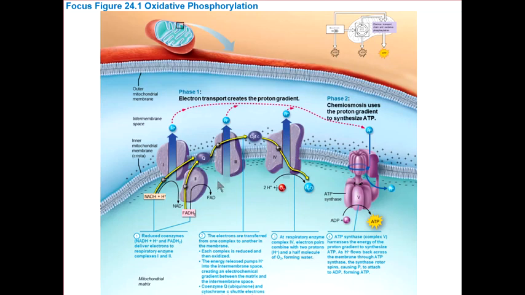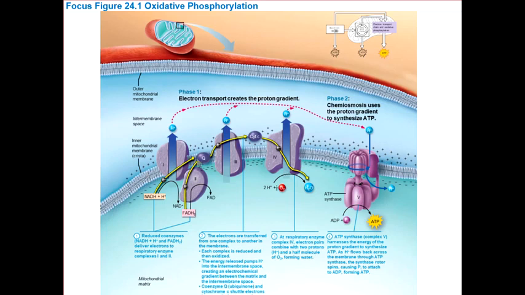The point here is the electrons are very high energy at the beginning of this electron transport chain. As they move from complex to complex, they start to lose energy, so we have less and less energy in these electrons as they travel through the chain.